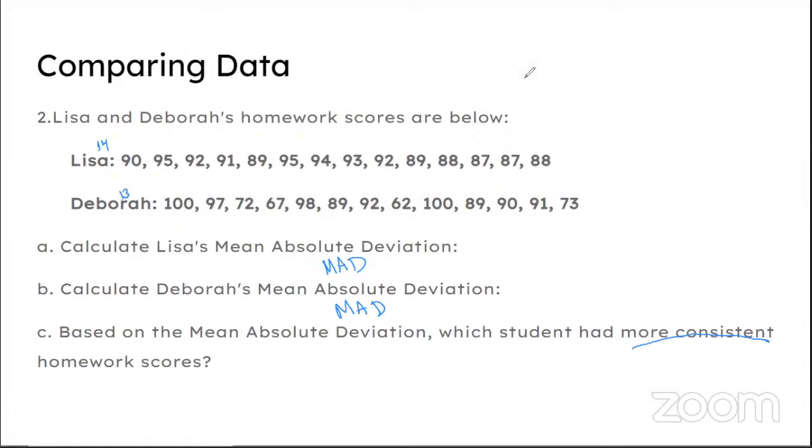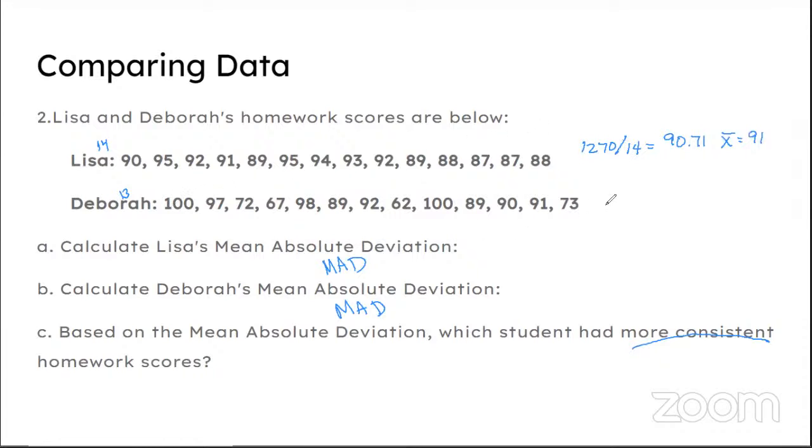Now, I've gone ahead and added all of these up, and Lisa's adds to 1270. 1270 divided by 14 is going to be 90.71. So let's just call her mean 91 because I like nice round numbers.